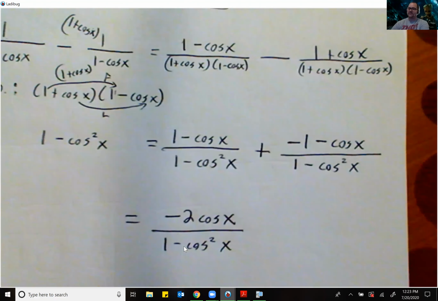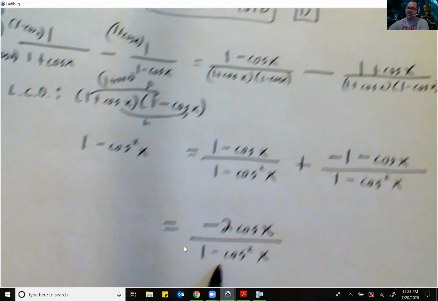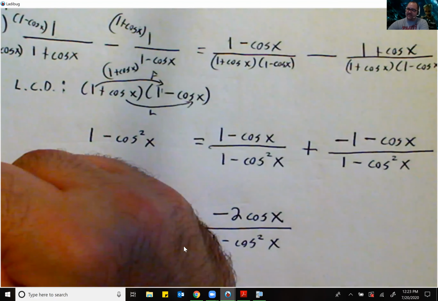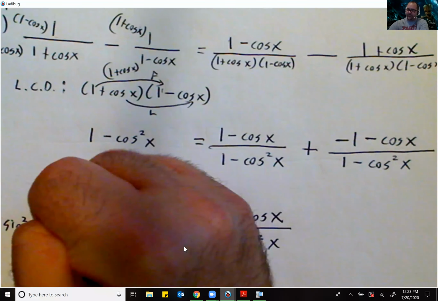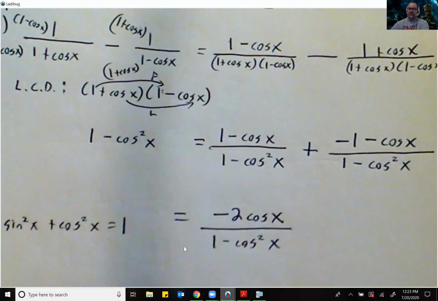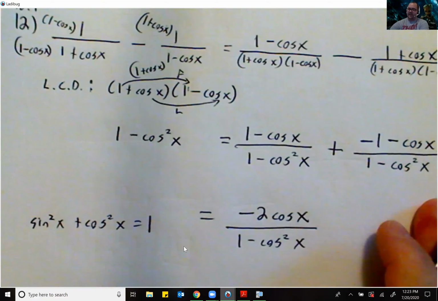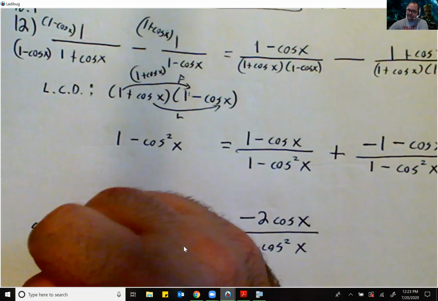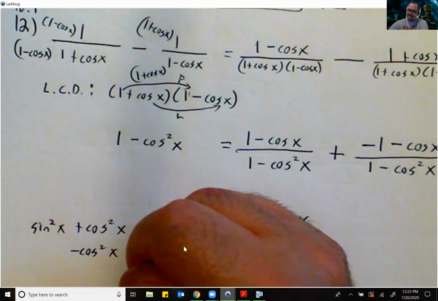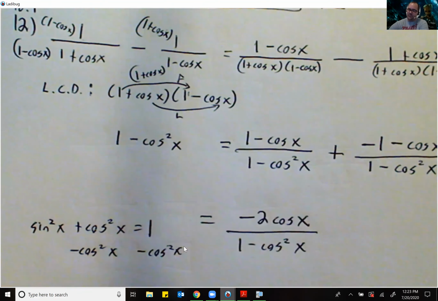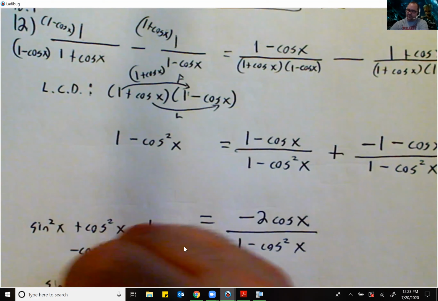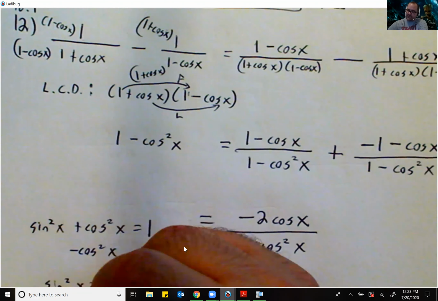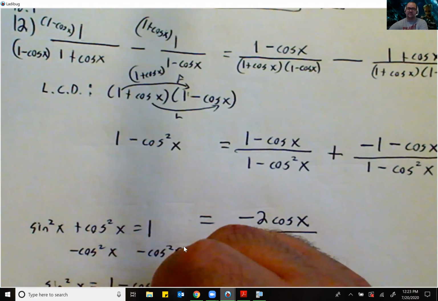Now, this 1 minus cosine squared, we know what this is because we have an identity that says sine squared x plus cosine squared x equals 1. If you move the cosine squared to the other side by subtracting, you get sine squared x equal to 1 minus cosine squared x.